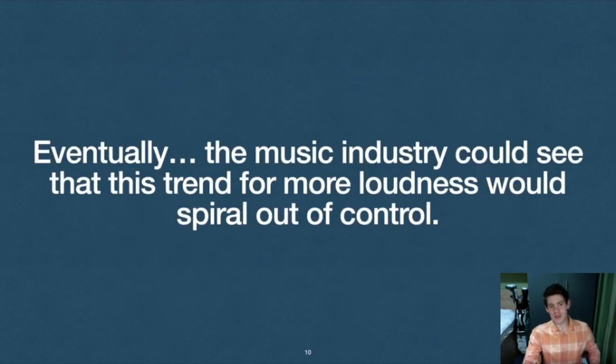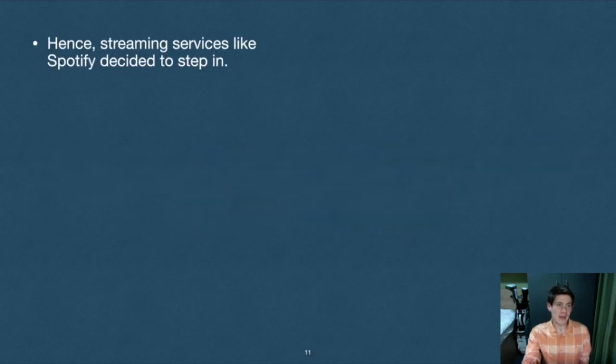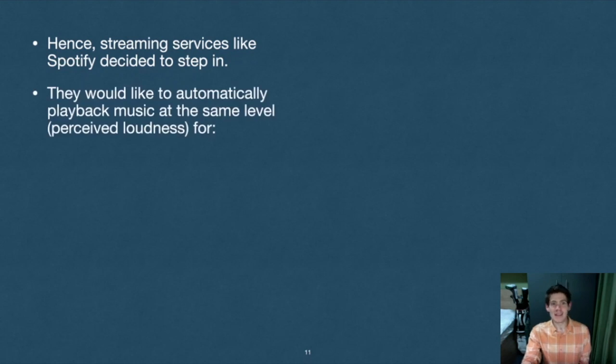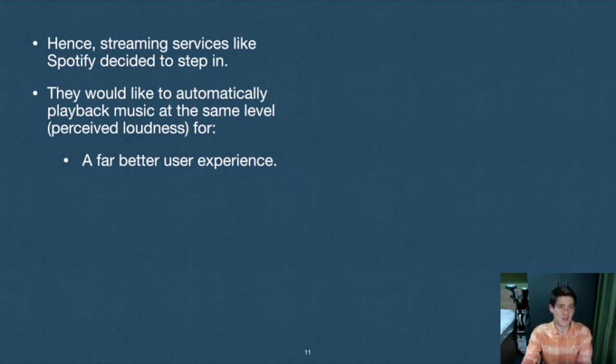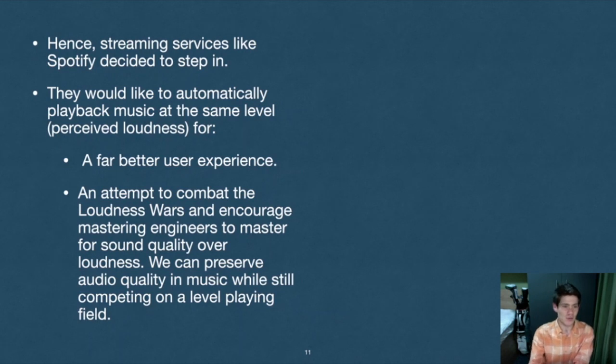Eventually the music industry could see that the trend for more loudness would spiral out of control. And so streaming services like Spotify decided to step in, and they would like to automatically play back music at a consistent level for a better user experience, so you don't have to manually adjust volumes.